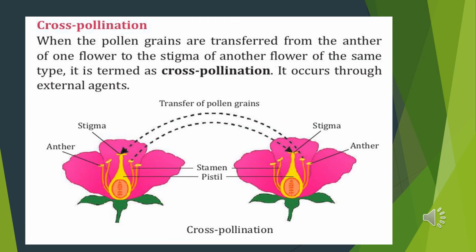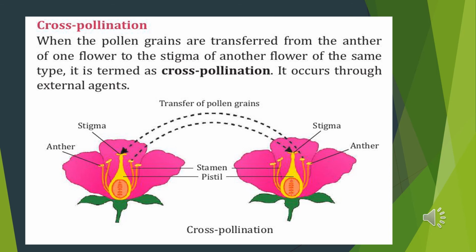Cross-pollination. When the pollen grains are transferred from the anther of one flower to the stigma of another flower of the same type, it is termed as cross-pollination. It occurs through external agents. Just now we discussed self-pollination occurs naturally and there is no need of agents.